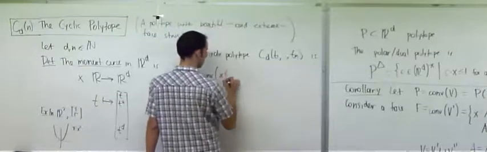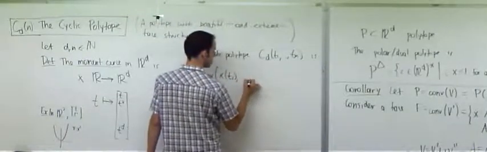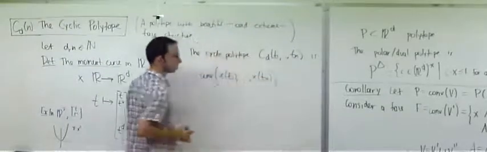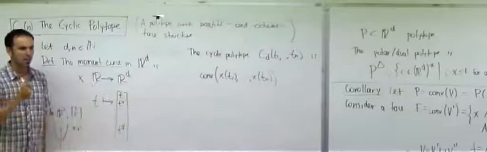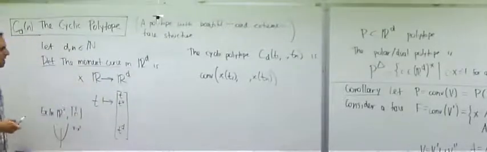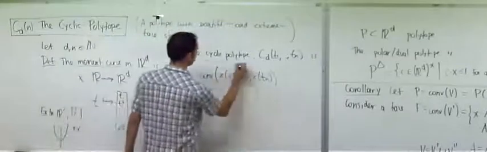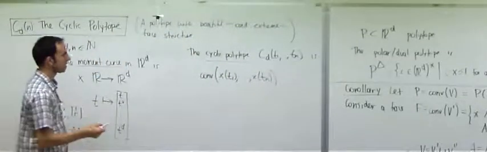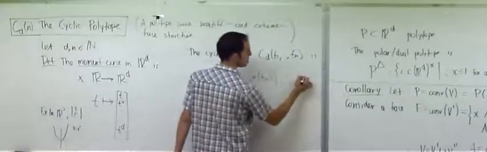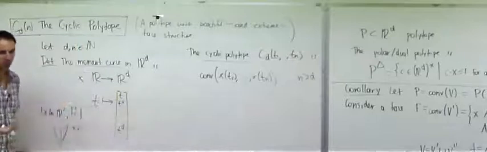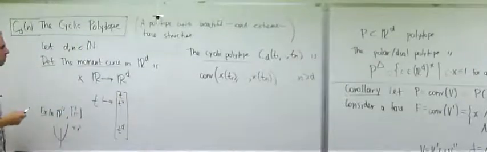These points, x of t1 up to x of tn. Okay, so I'm just taking n points on that strange curve, and I'm taking their convex hull, and I'm calling that the cyclic polytope. And I guess I should choose n to be bigger than d, so that I have enough points to make a full dimensional polytope.